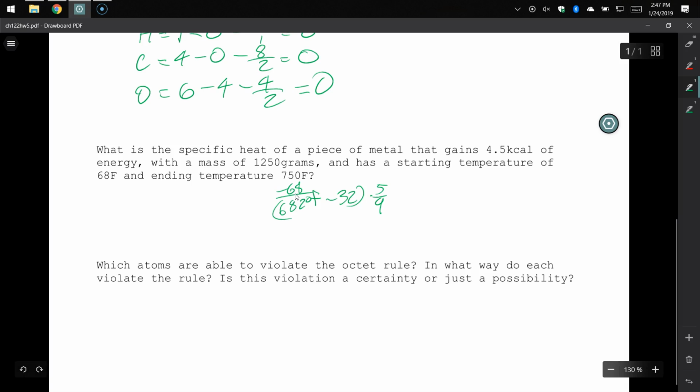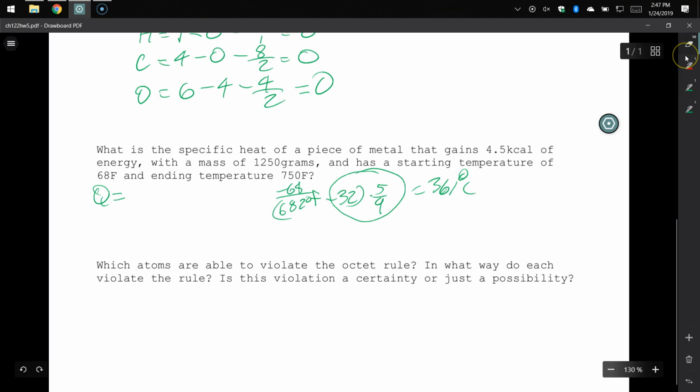Otherwise, it's going to do this and then subtract off the product of that. Everybody good with that? All right, so I've got 361 degrees Celsius.